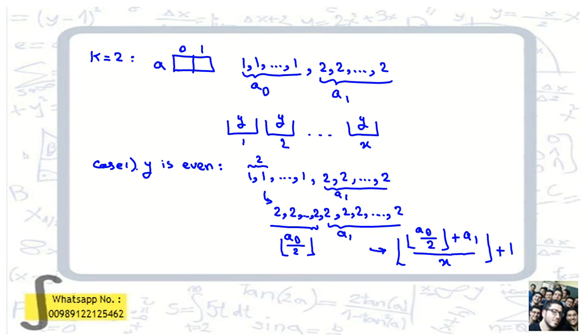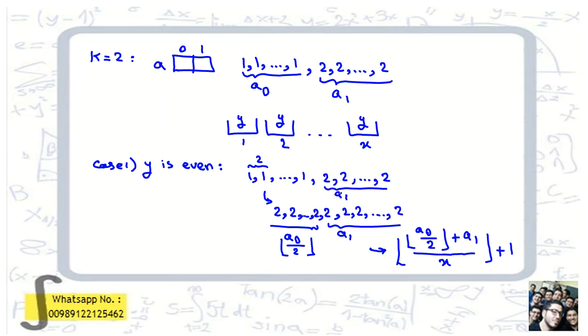In this case, you have A0 1s and A1 2s. Now, case 1, if you want to make y, where y is even. So if y is even, in each bag we should use an even number of 1s. So you can consider each two 1s as a 2. So you have floor of A0 over 2 more 2s, and A1 2s here; the remainder may be 1 or 0.